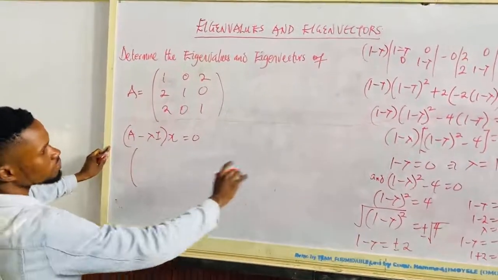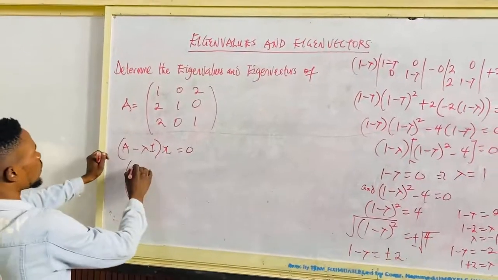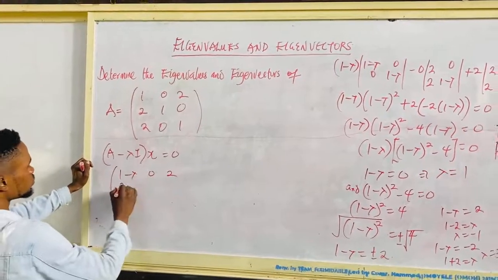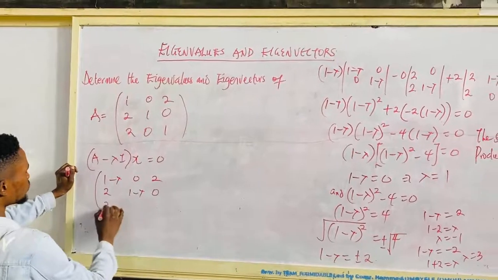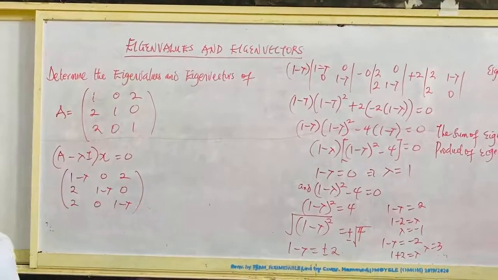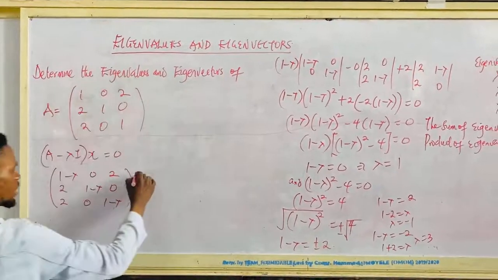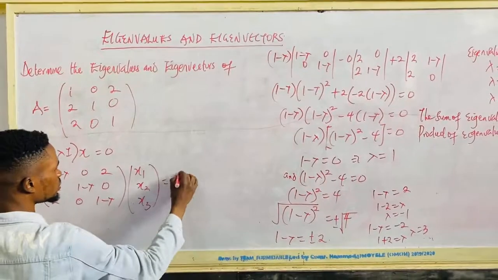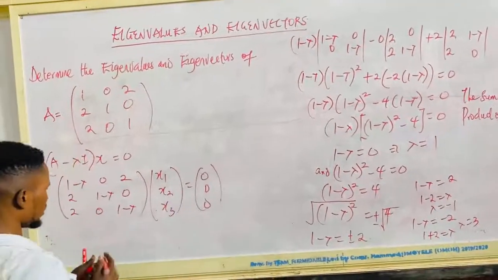That becomes 1 minus lambda, 2, 0; 0, 1 minus lambda, 2; 0, 2, 1 minus lambda, times x. Now, how many columns? 1, 2, 3. So that's 3 variables, x1, x2, x3, equal to 0, just like in null space.